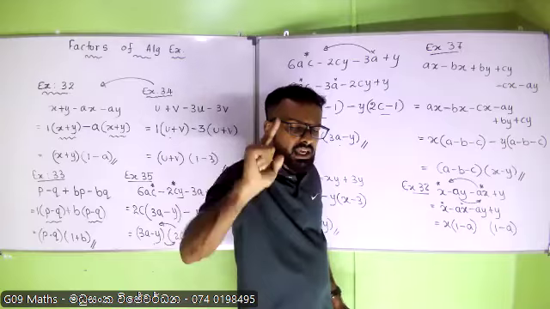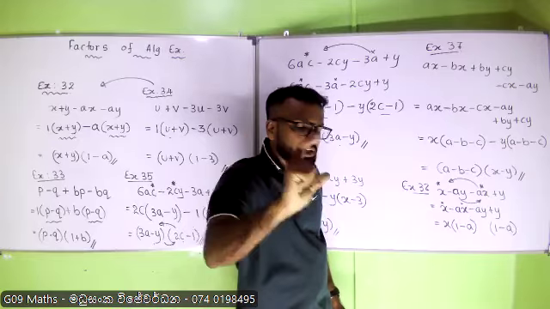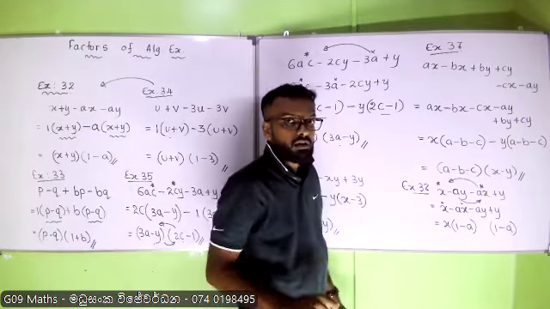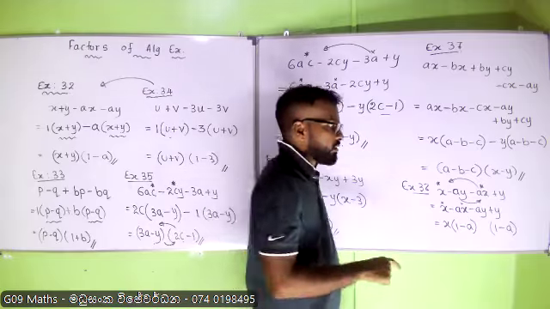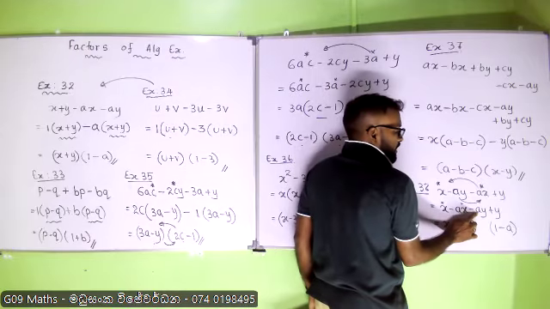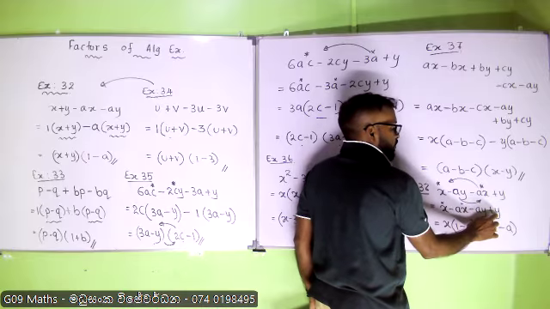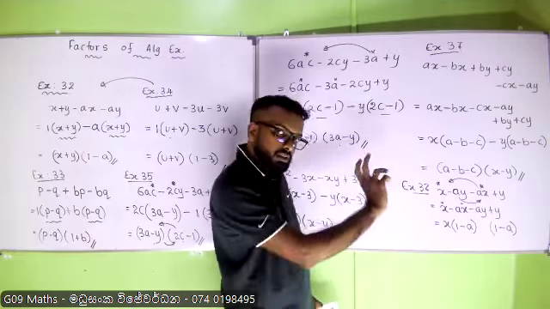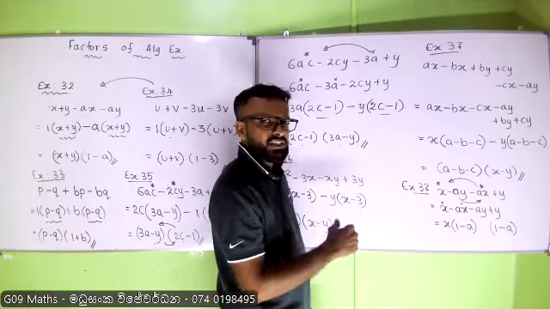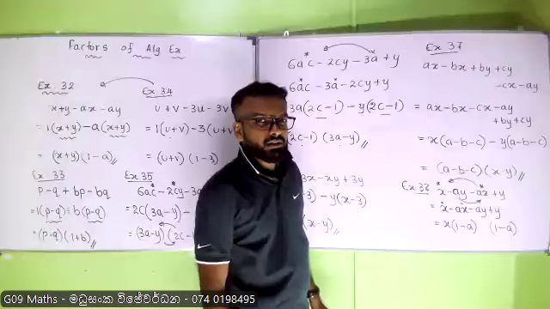You need to take the same factor in this place as well. But there is a thing. You have a here and here you have 1y. Here you have ay, here you have 1y. Things change, terms change.